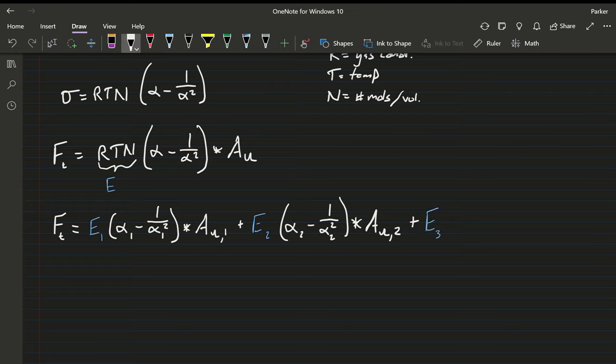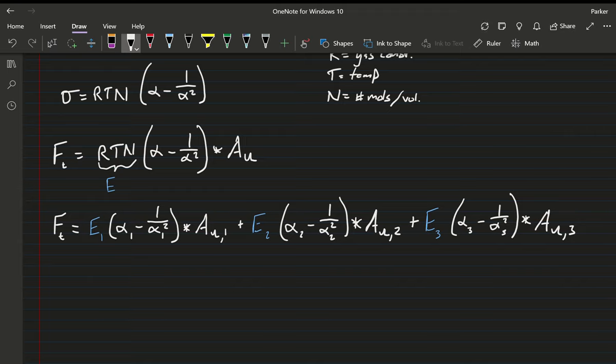You get the idea. Oh, this is a 3. Times cross-sectional area of 3.